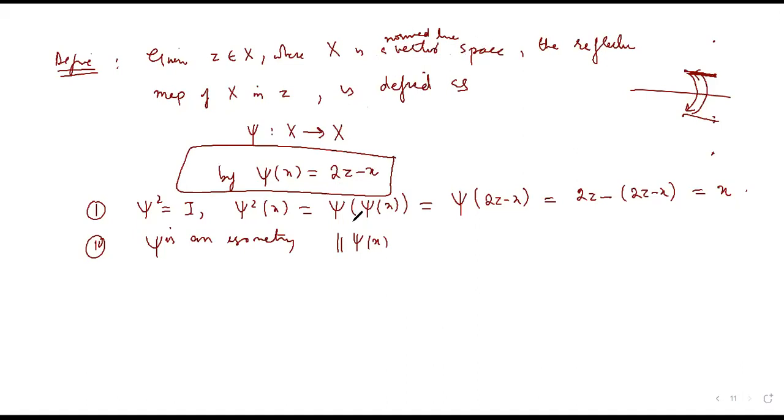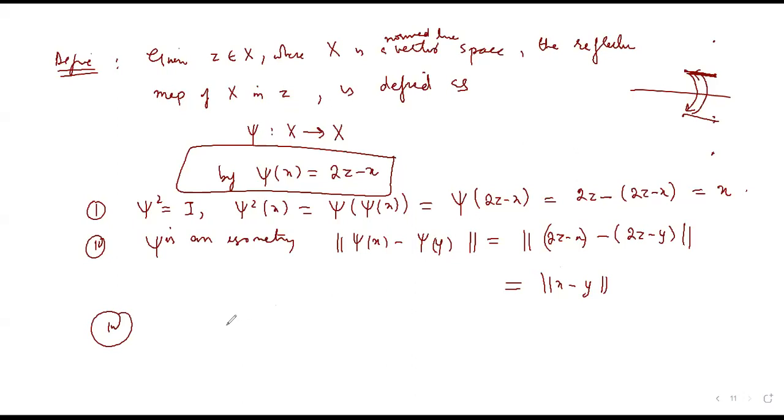Because norm of psi x minus psi of y would be, that's easy, norm of 2z minus x minus 2z minus y, which would be just norm of x minus y. So it preserves the distance between the points.